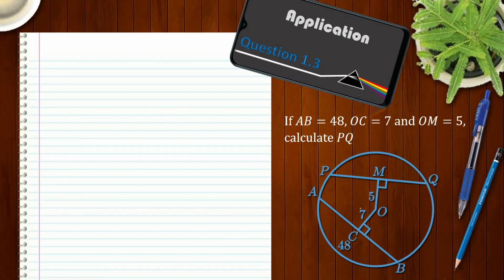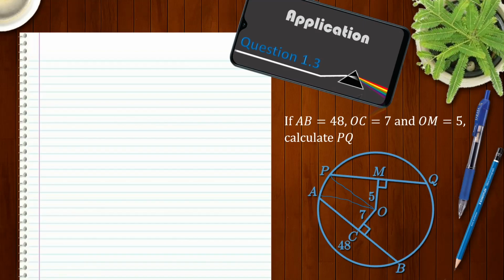And the answer is the radius, because OA is the radius and also OP is the radius. So if I actually find OA using Pythagoras, then I have OP, and then I can work my way through OP and OM and use Pythagoras to find PM, and then obviously that's half of PQ because we've got the line from the center of a circle perpendicular to the chord.